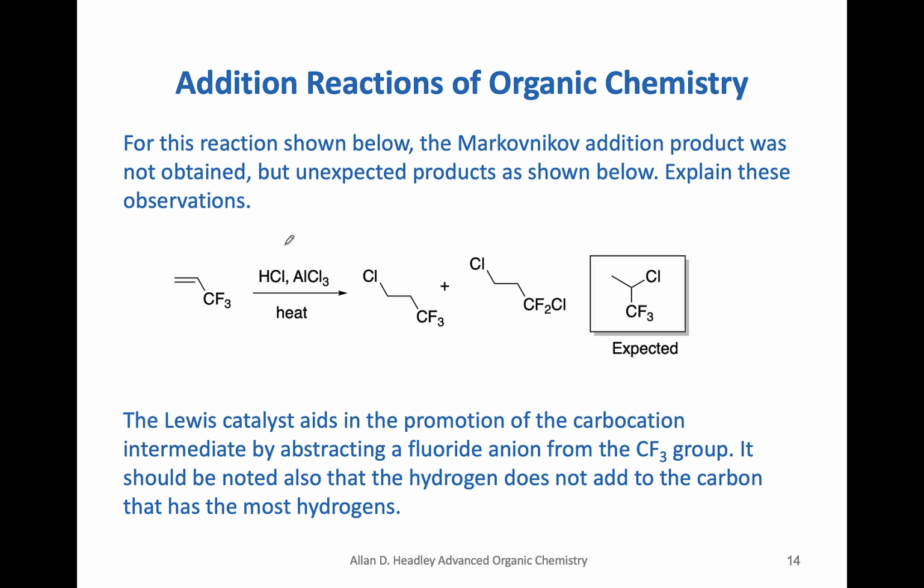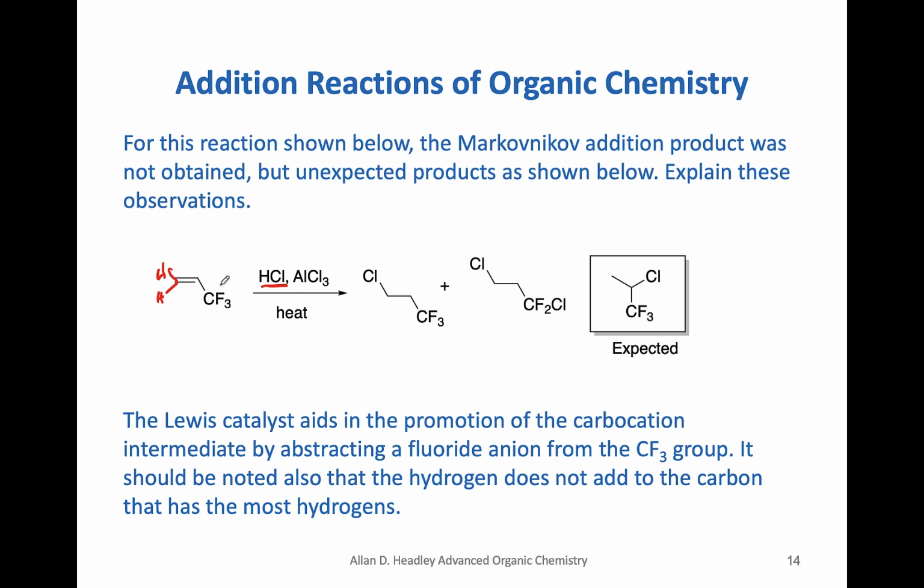So let's see if we can rationalize what's happening here. If we had this alkene, of course we have two H's here, and we're adding HCl. You'd expect this one to be the product. Pardon me.